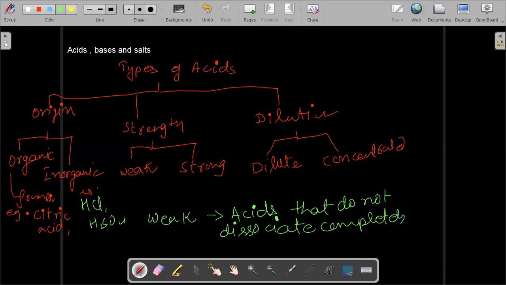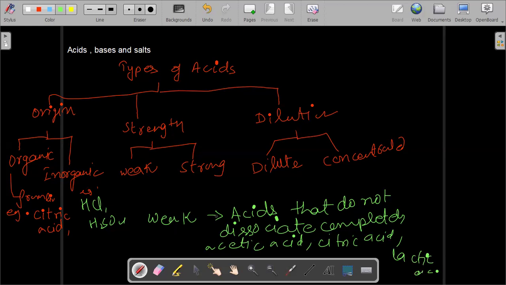Any examples of weak acids? Acetic acid. Any other? Citric acid, and lactic acid. Acetic acid, citric acid, and lactic acid, all these are weak acids.